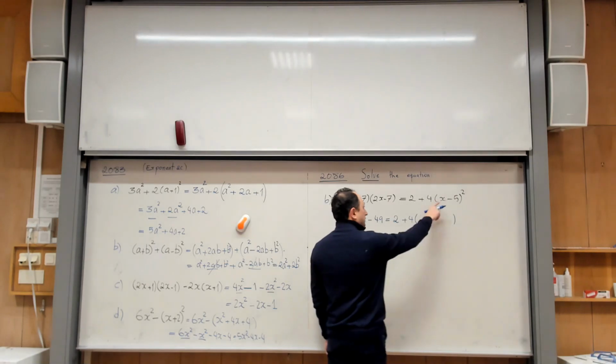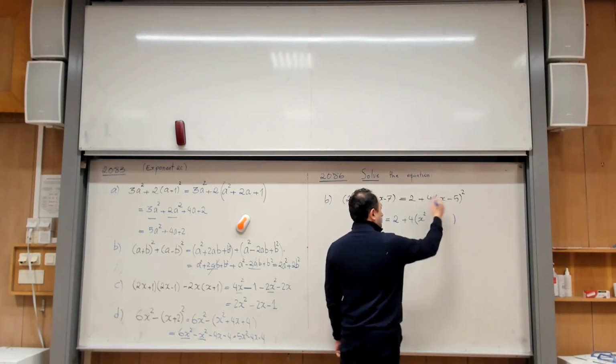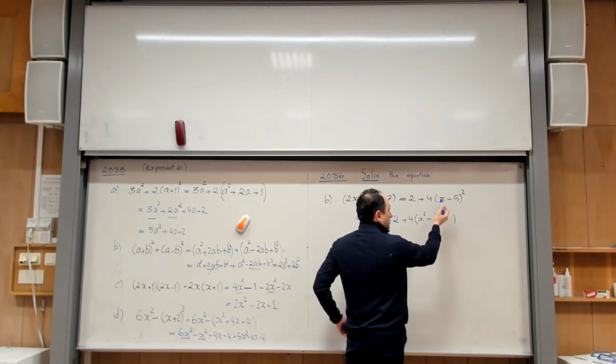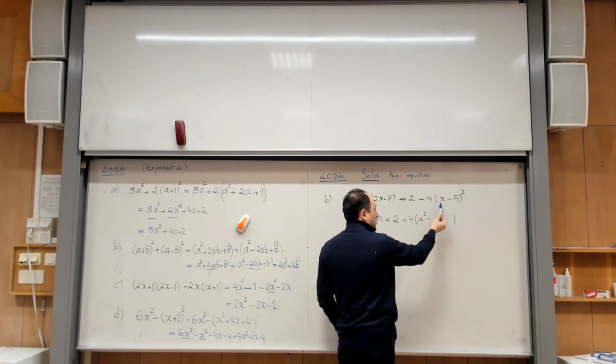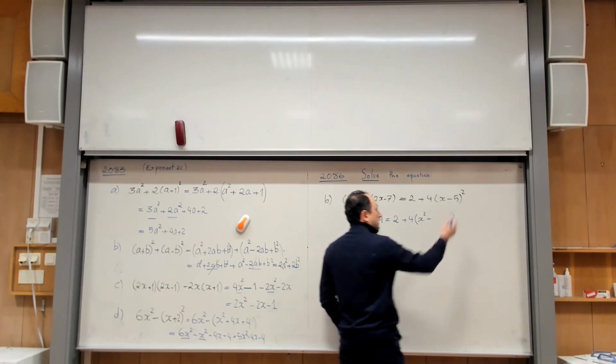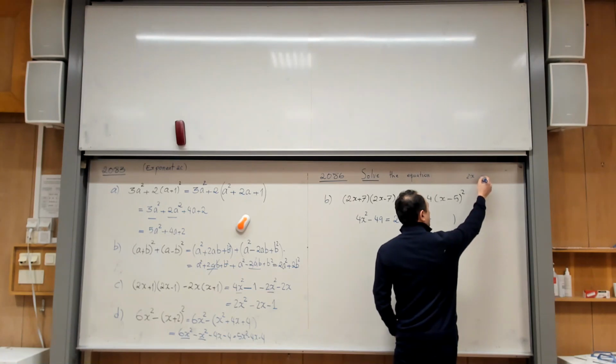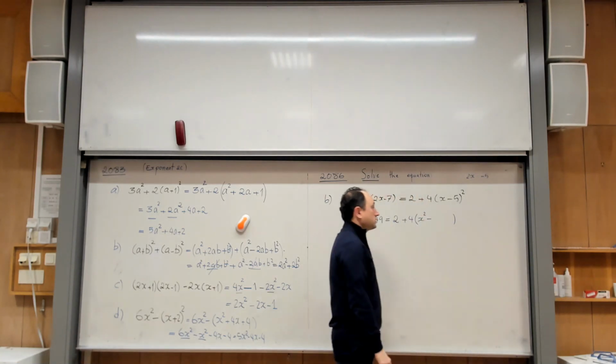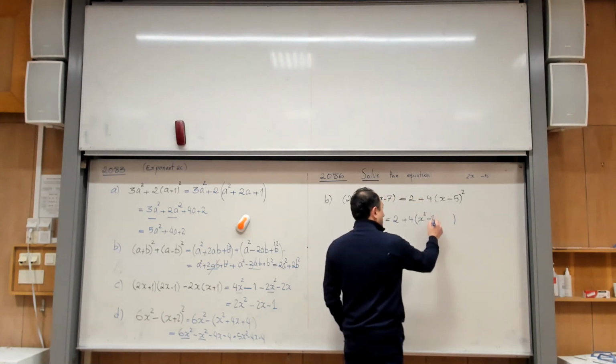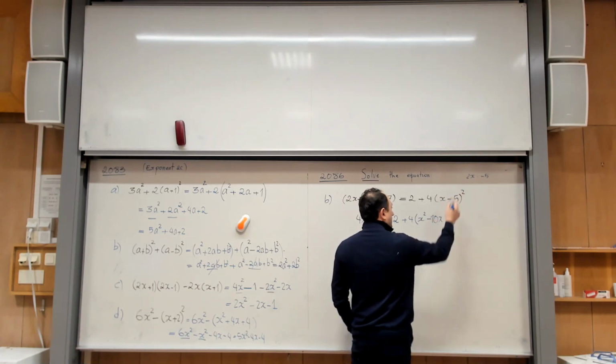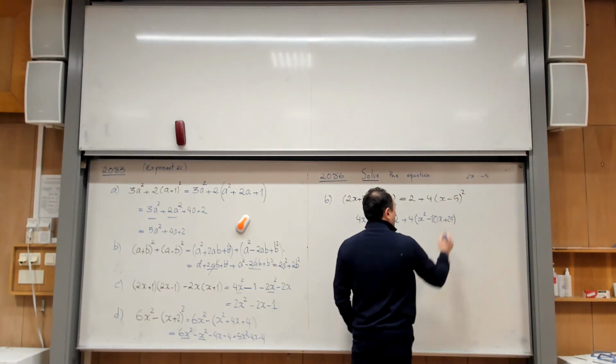So this becomes the first one squared, 2 times the first one times the second one. 2 times the first one is 2x, times the second one, which is minus 5, yes? You have 2x multiplied by minus 5. So the answer is minus 10x. And then minus 5 to power 2, which is positive 25.